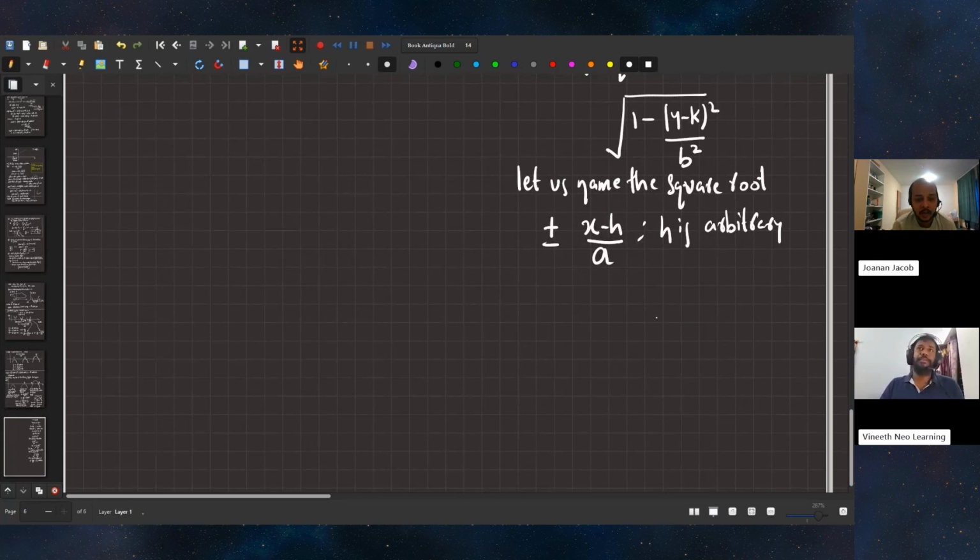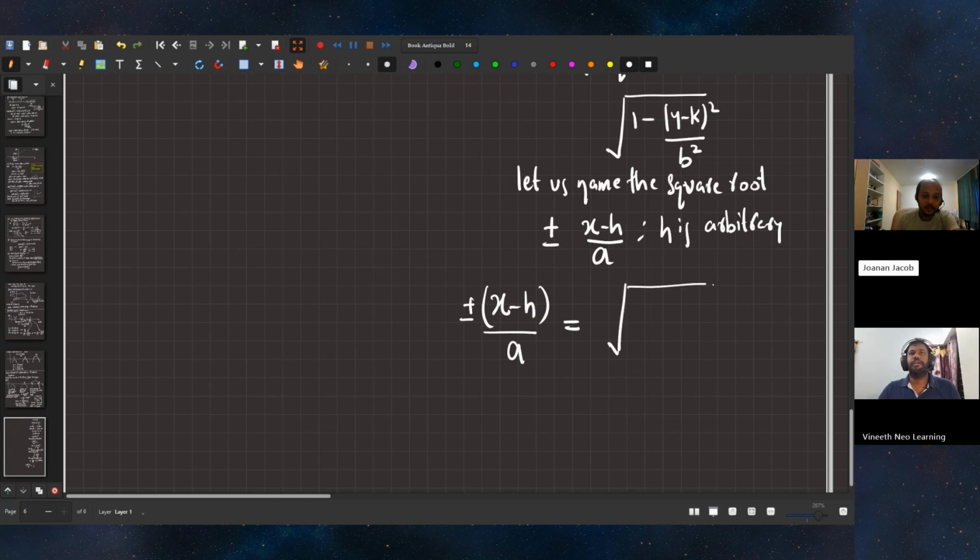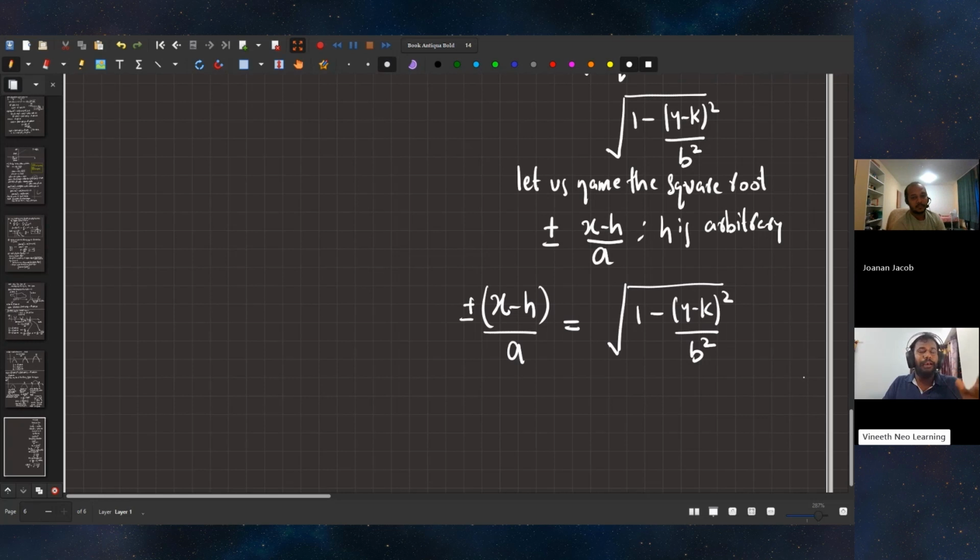So we get plus or minus (x minus h) over a is the square root of 1 minus (y minus k) whole squared over b squared. You can also put just x, but I want to arrive at a certain form.